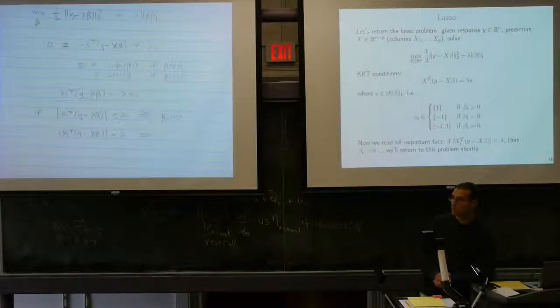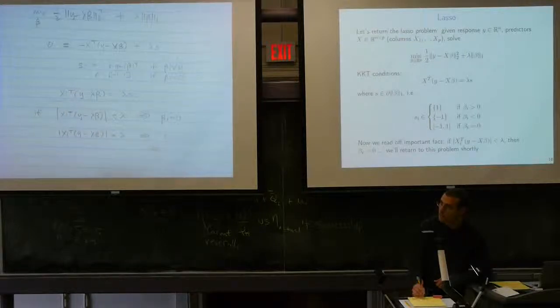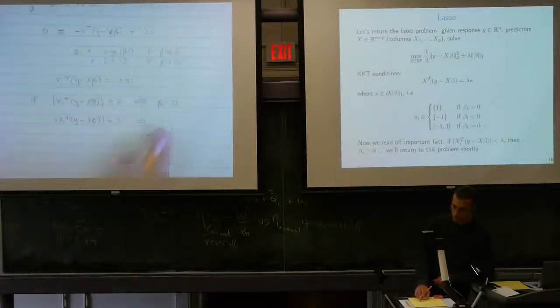No. What's that? So this implies that Si is equal to plus or minus 1. And then you said this implies... Okay, so one of those two things is right, but this last one is not. It does imply that the subgradient is plus or minus 1. We actually don't know that that implies that beta i is not 0.